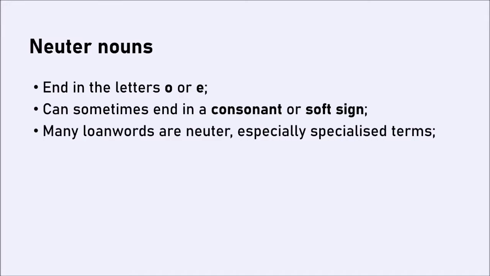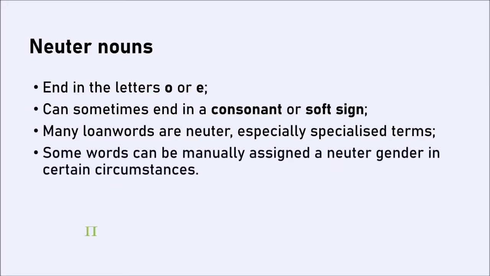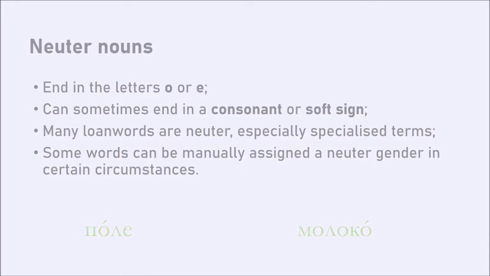So if you're reading a very scientific article, and there is some very specialized terminology, most likely those words will be neuter. Not always, but sometimes. It all depends. But all these rules here just generally summarize the idea, okay? These are not concrete. Examples: поле, молоко, okay? Right, those are the rules.